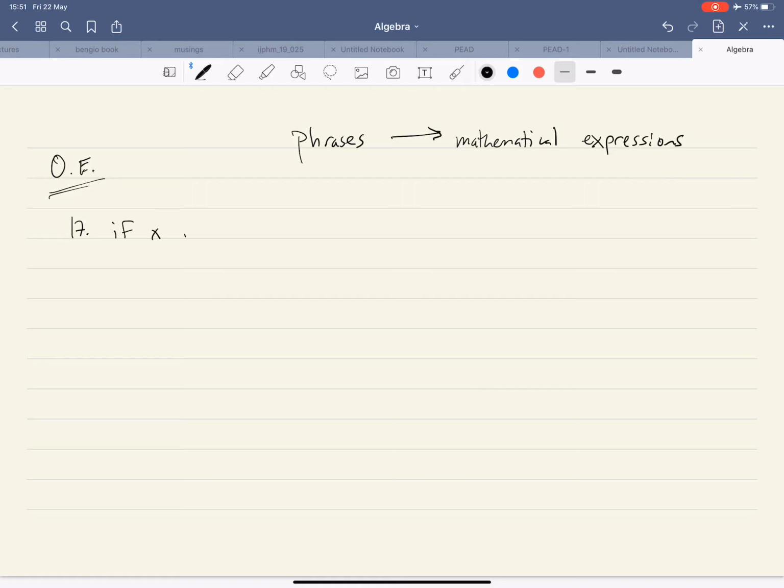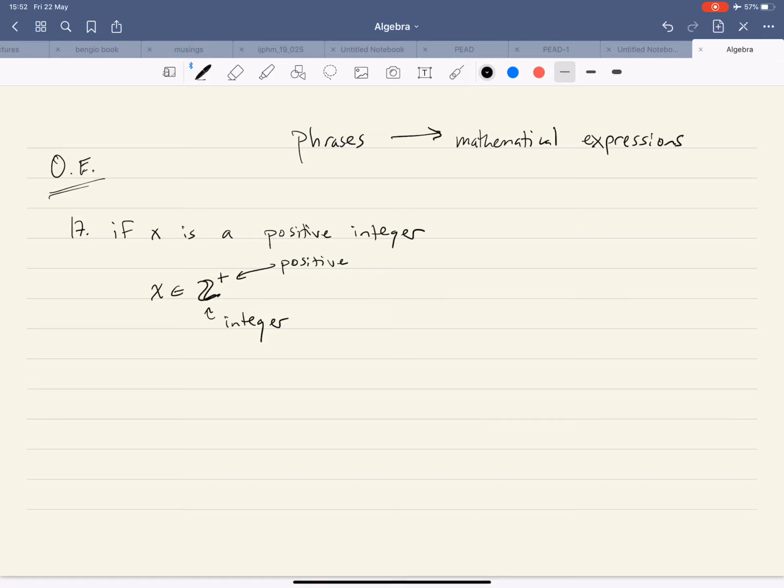If x is a positive integer, and remember that another way of writing that is x in Z plus, right? Z is integer, and that little plus there means I want just the positive integers.